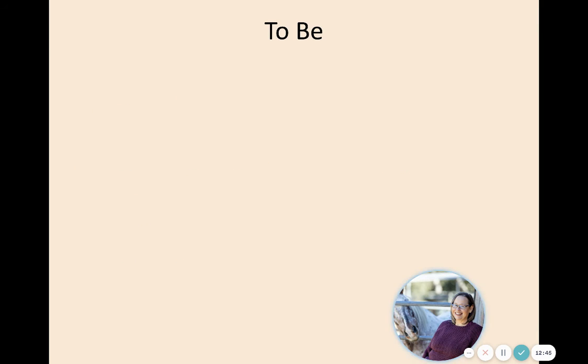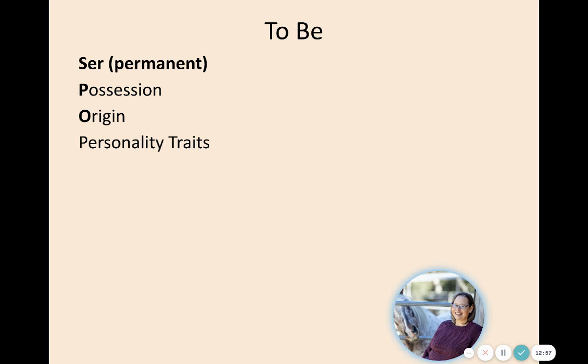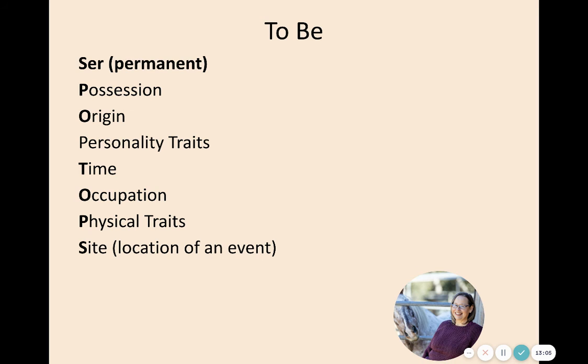When we talk about ser, remember that ser is a permanent thing. Possession, origin, personality traits, time, occupation, physical traits, site, meaning location of an event.